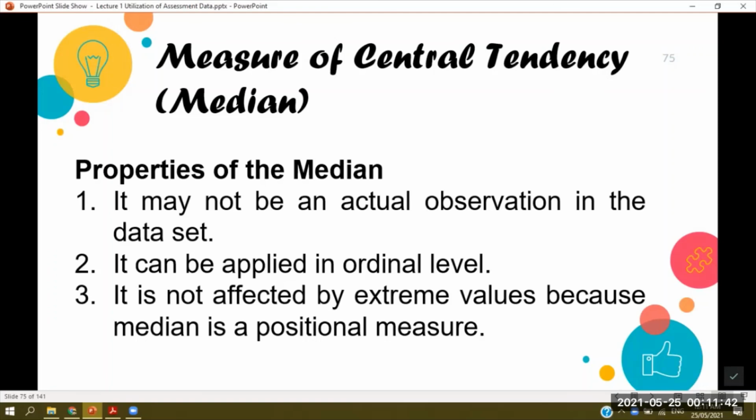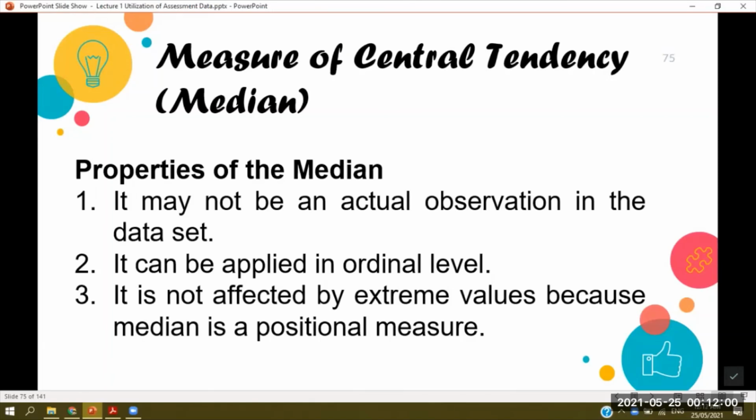I think this is the main difference between median and mean, because our mean score can be really affected by extreme values.